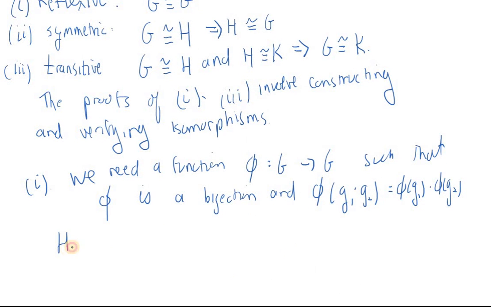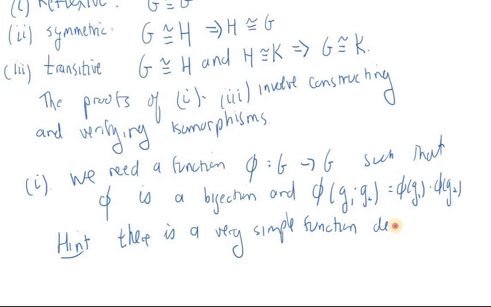So let me just give you a hint. There is a very simple function that you can define for any group, and it's phi of G. You can define it element by element. Phi of G is equal to something. Now remember, it's a function from the group to itself.